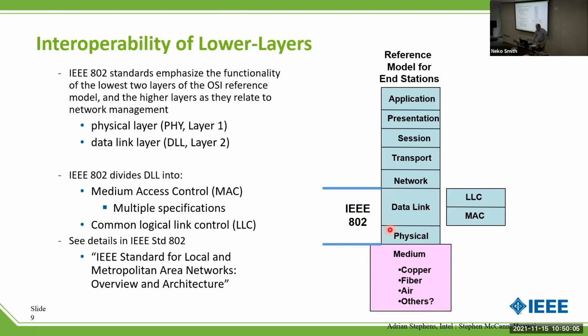But the focus is here, and our objective is to develop the specifications so that anybody speaking down from the network layer is able to send a packet of information, give a source and destination address, and ensure that that packet of information will be transmitted down through the physical layer, through the medium, to all the possible destinations that there may be.